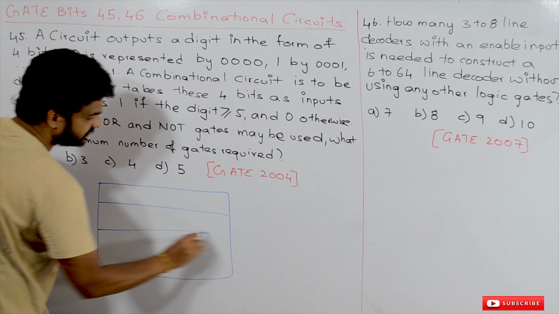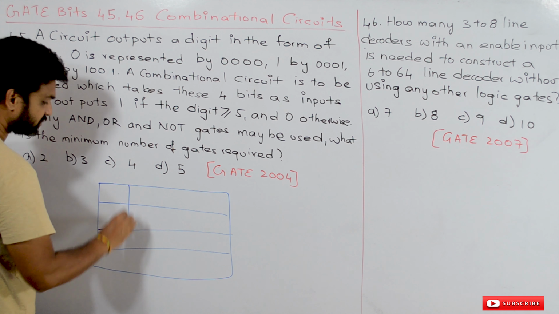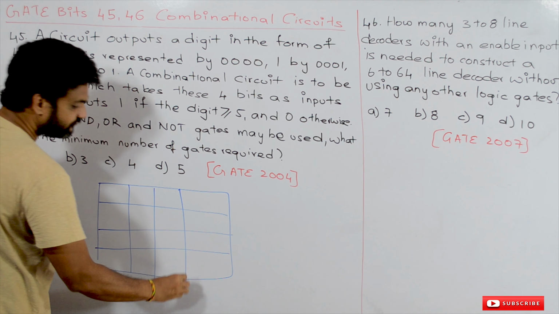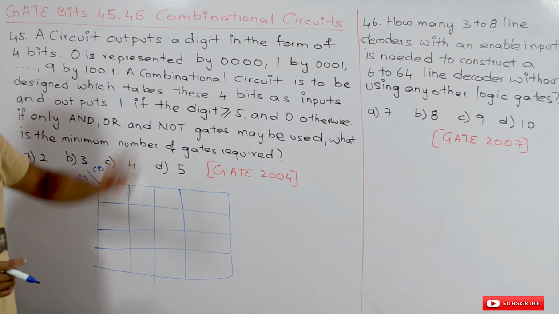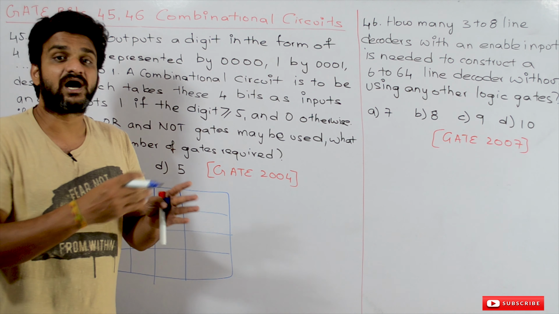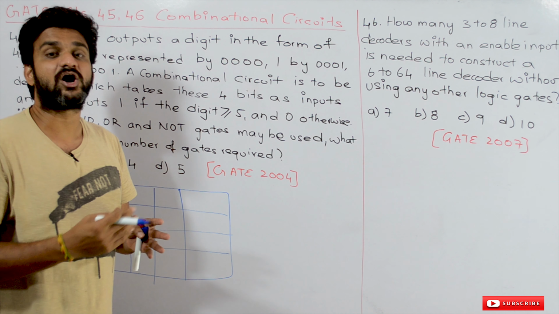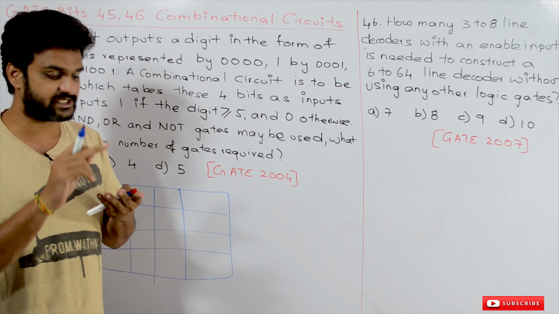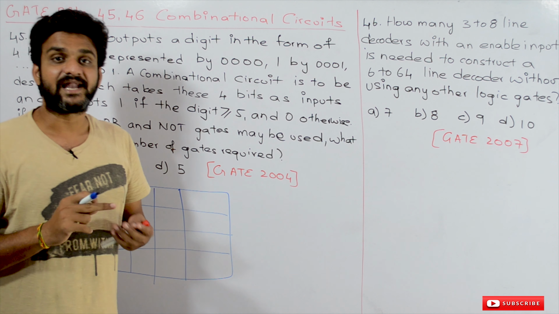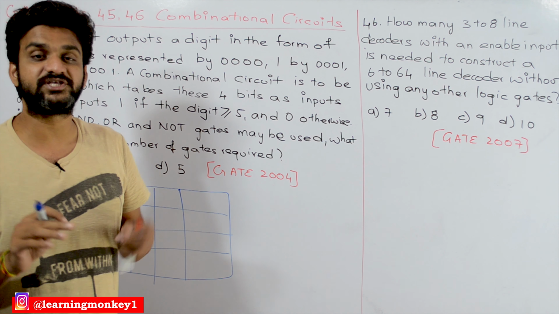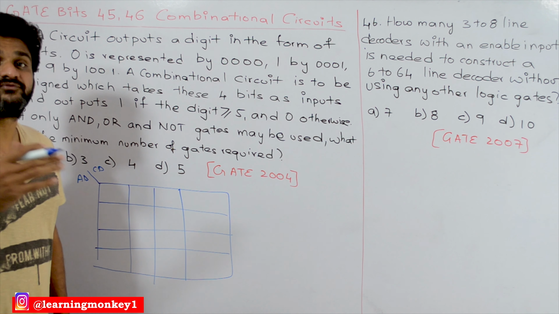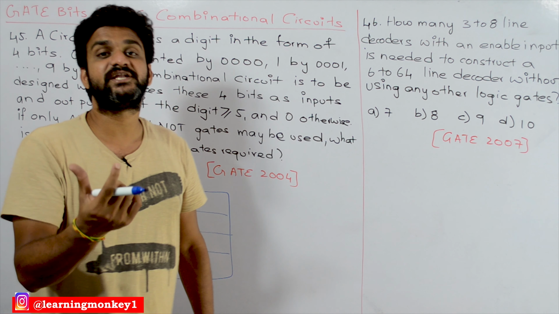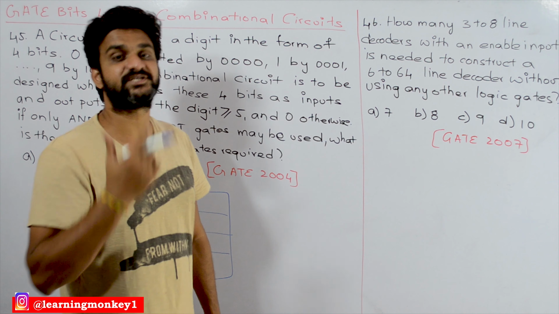If you give the input to the combinational circuit, if the number is greater than 5, it has to output 1, otherwise it has to output 0. With 4 bits above 5, the digits possible are 5, 6, 7, 8, 9, 10, 11, 12, 13, 14 and 15. If you want to represent 16, we need 5 bits. With 4 bits it is not possible.